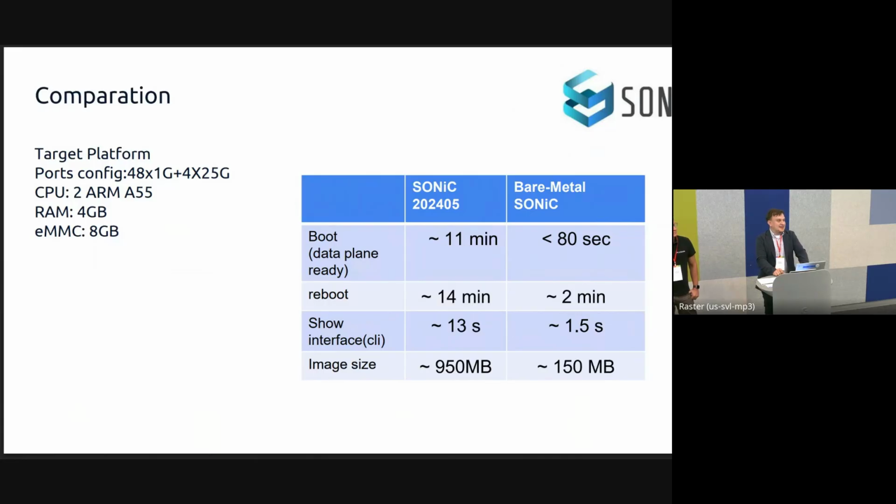When you download SONiC from the Azure pipelines, it's about a gigabyte, sometimes less, sometimes more, but around this size. Here we are talking 150 meg, assuming that, and sorry for the chip vendors here, I believe like 40 megabytes of this size is the SAI package from the vendor. So if we can squeeze it more, we can be even less on the size.